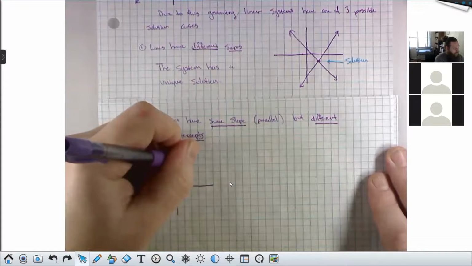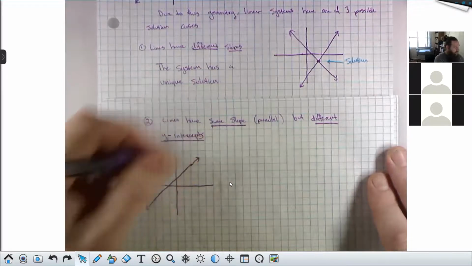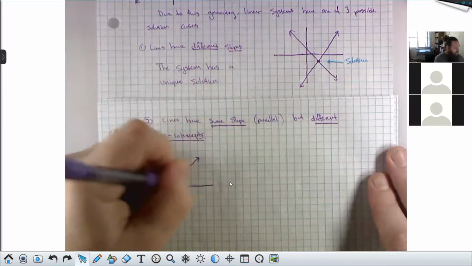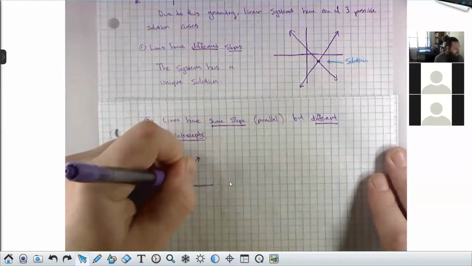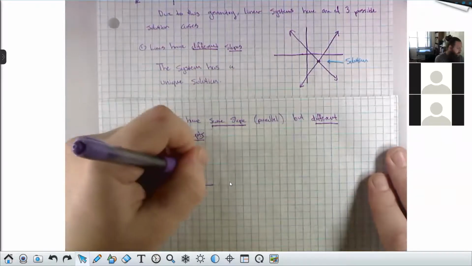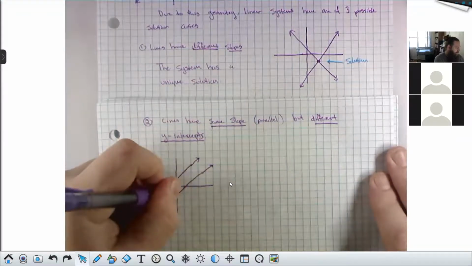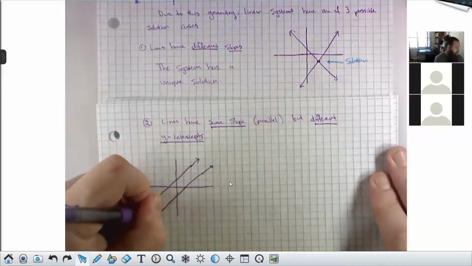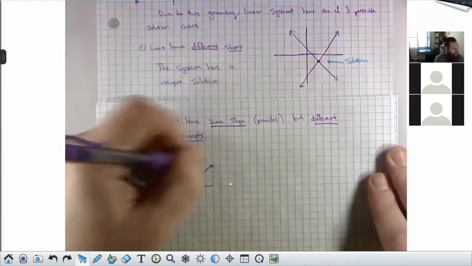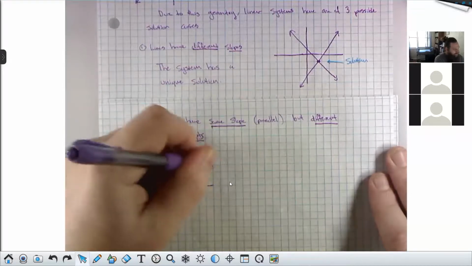So maybe I have one equation whose graph looks like this, and another equation whose graph looks like this. Two parallel lines, they never meet.